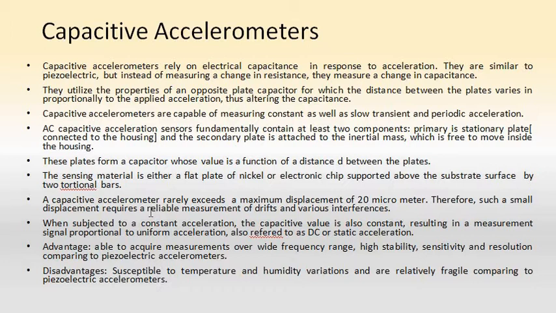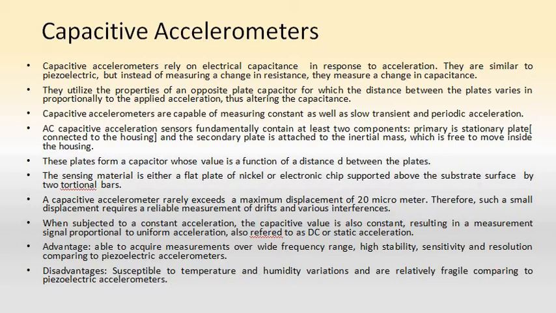Now the advantages of this type of accelerometer are that they are able to acquire measurements over a wide frequency range, and they have high stability, sensitivity and also resolution when we compare them with piezoelectric accelerometers. The disadvantages: they are susceptible to temperature and humidity variations, and they are relatively fragile compared to piezoelectric accelerometers.